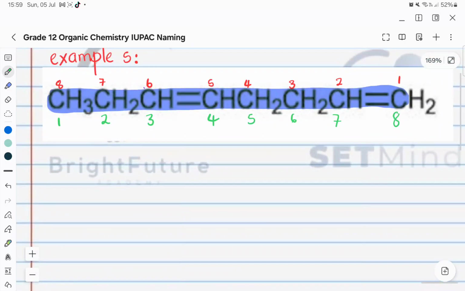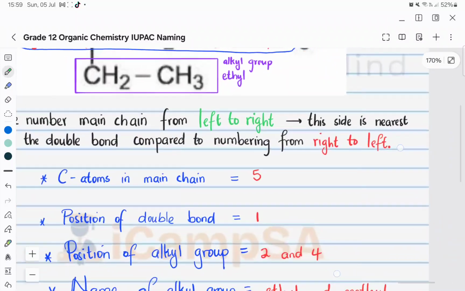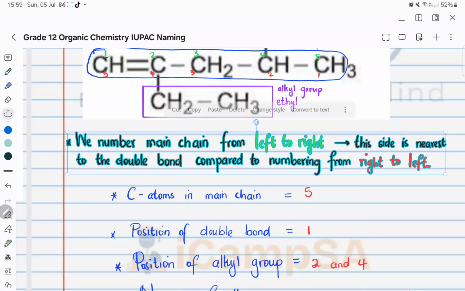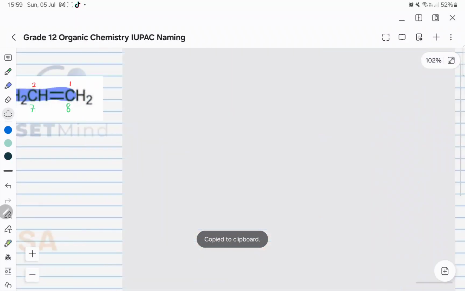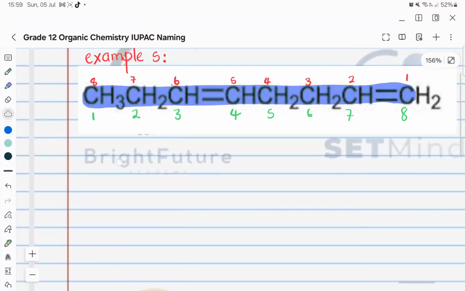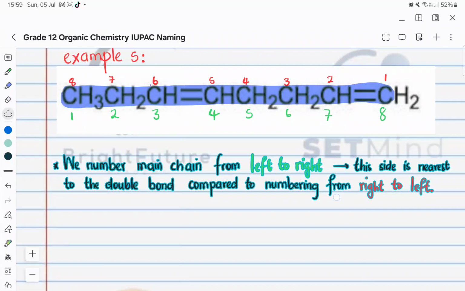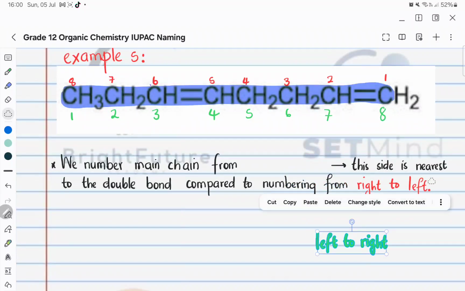So I will choose to number. In fact, let me bring back this one. So it's better if I number from right to left. So let's be a bit lazy here.